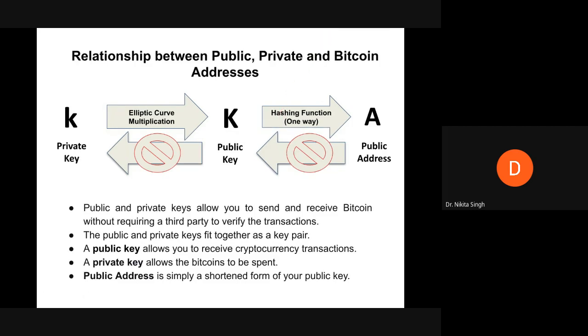What we mean by trapdoor functions is that it is a one-way mathematical function, meaning that it is easy to solve in one direction. Here you can see that we can move with this trapdoor function, the elliptic curve multiplication, in the forward direction. Same with the hash function. We can move in the forward direction; both of them are one way.